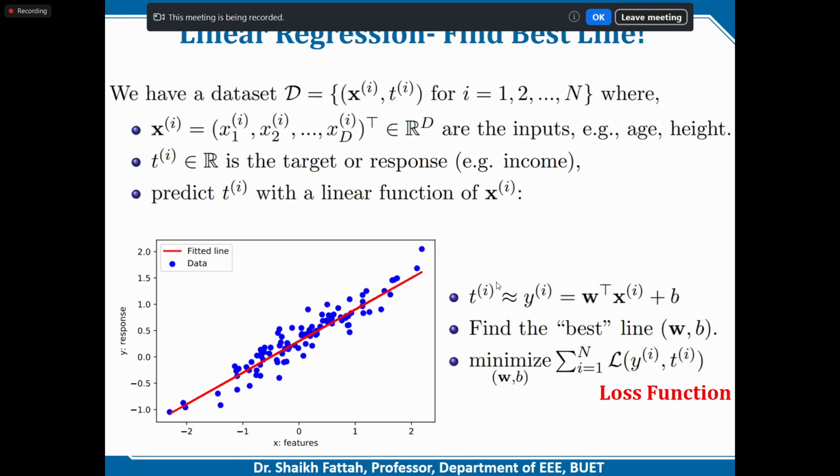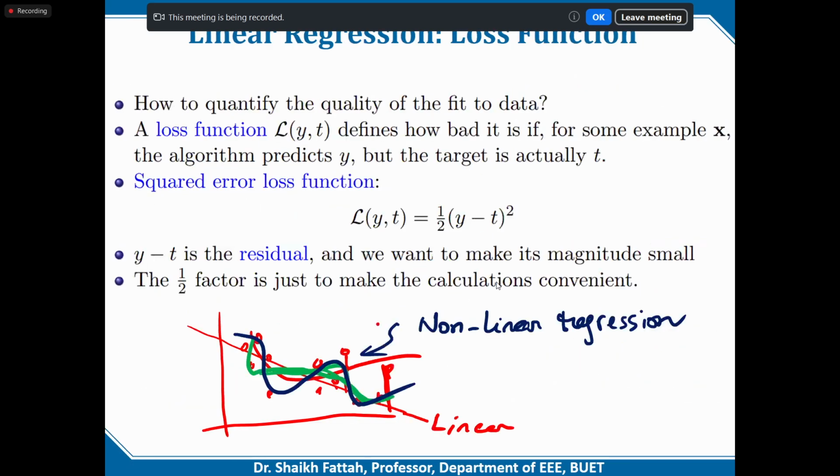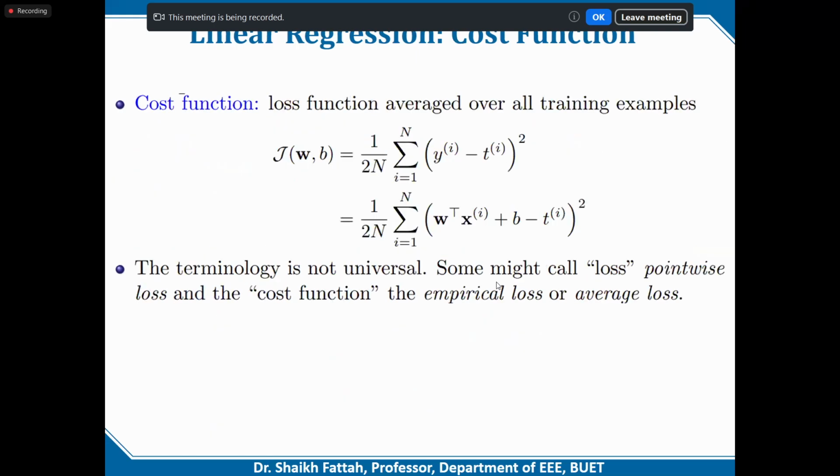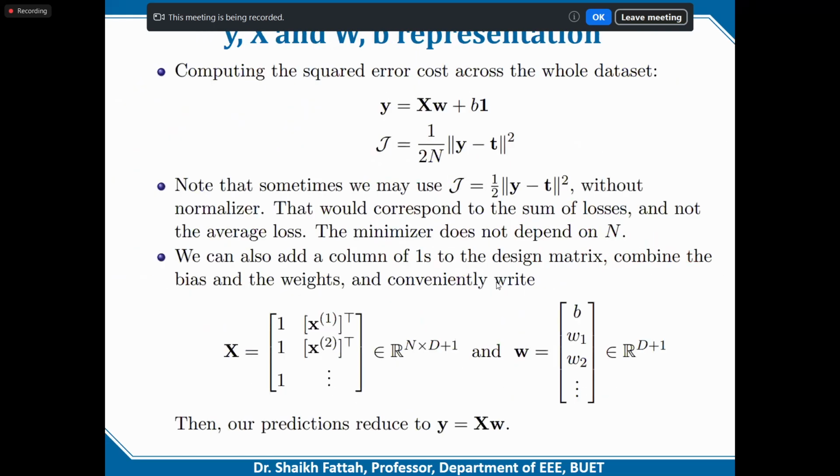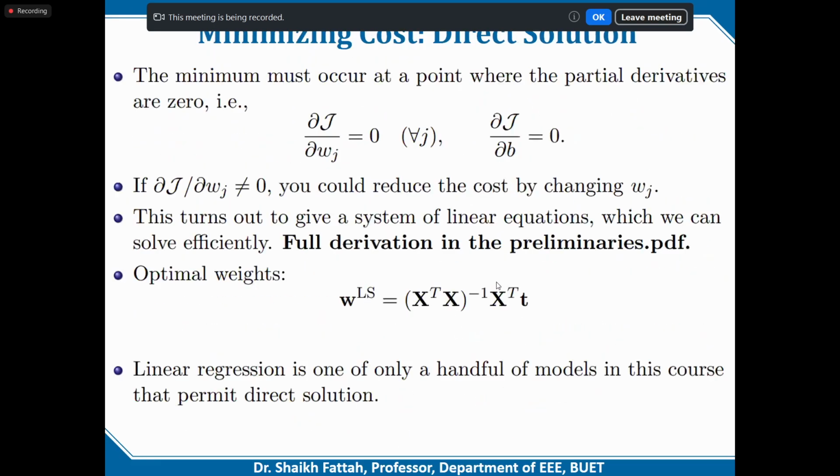But when you were considering this type of data, we told you that in order to capture the data pattern, you need nonlinear regression, you need polynomial fitting, polynomial with higher degrees.